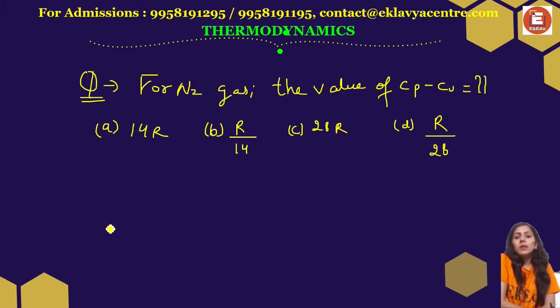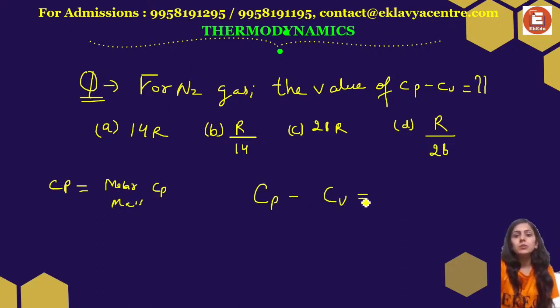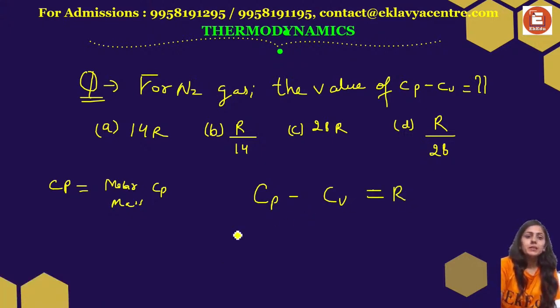We know that for an ideal gas the value of capital Cp minus capital Cv is equal to R. They are asking about small cp and small cv. Small Cp is the molar mass into small cp.